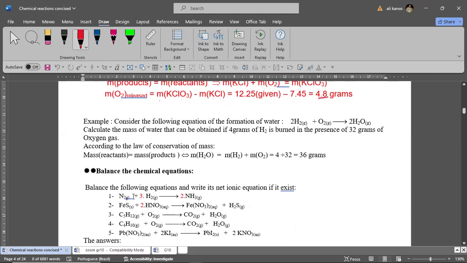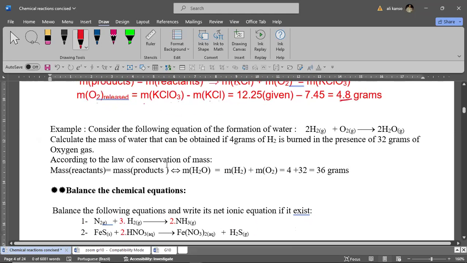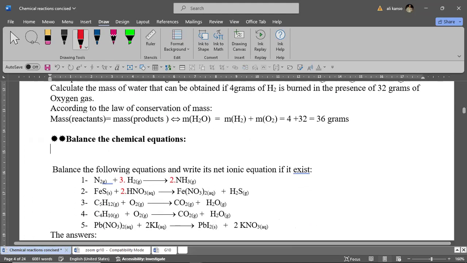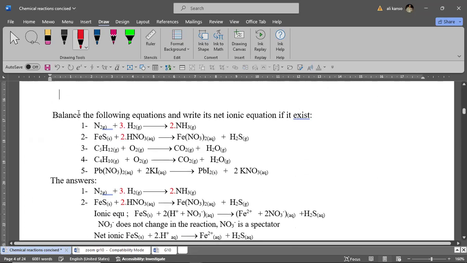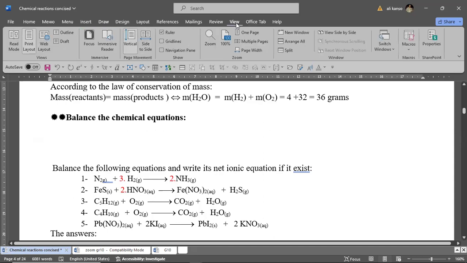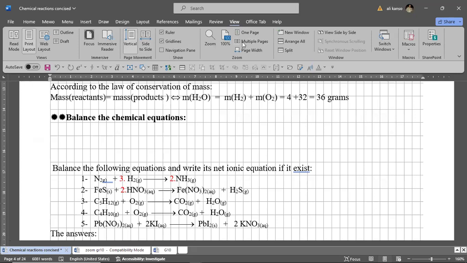Let us perform some balanced equations. Suppose that we have this reaction: C4H10, this is a gas, plus O2, this is a gas.